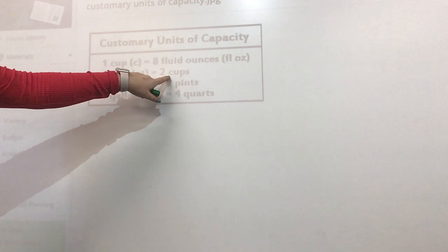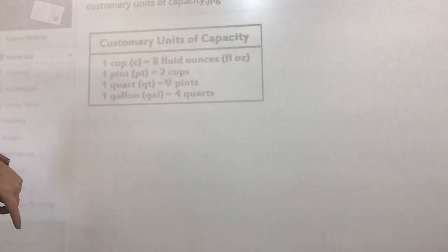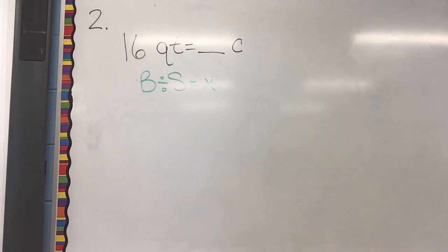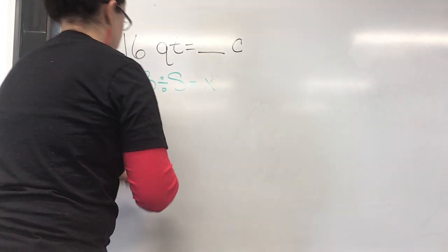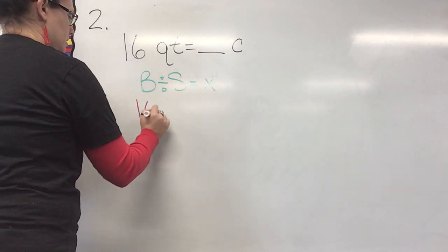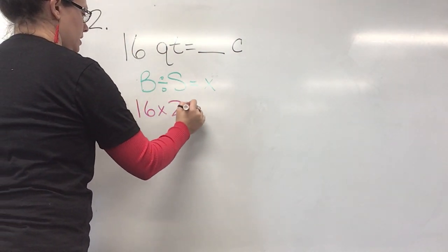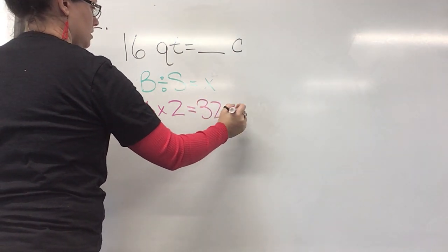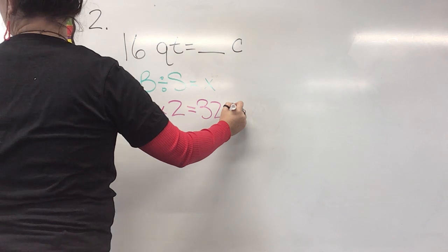Would that get me a step closer to cups then? Yeah. All right, so how many pints in one quart? 2. So what am I going to do with that 16? 16 times 2, which is what? 32 what? What was this measurement? Quarts.